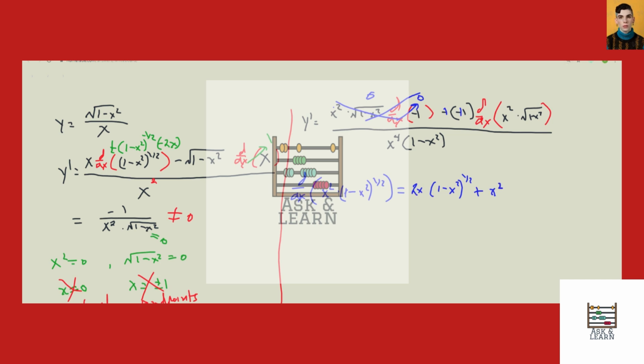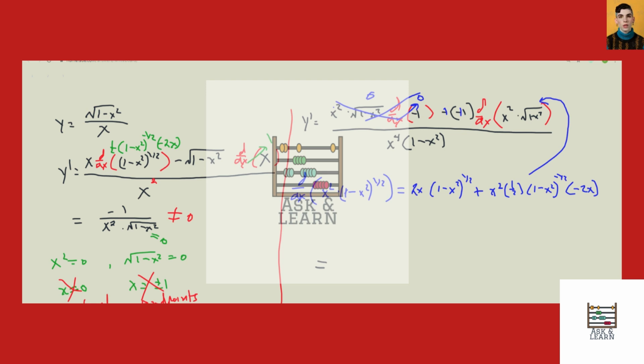Now it would be x squared times the derivative of 1 minus x squared to the 1/2, which is going to be 1/2 times 1 minus x squared, now to the negative 1/2, times the derivative on the inside, which is going to be negative 2x. So we're going to replace this with that.